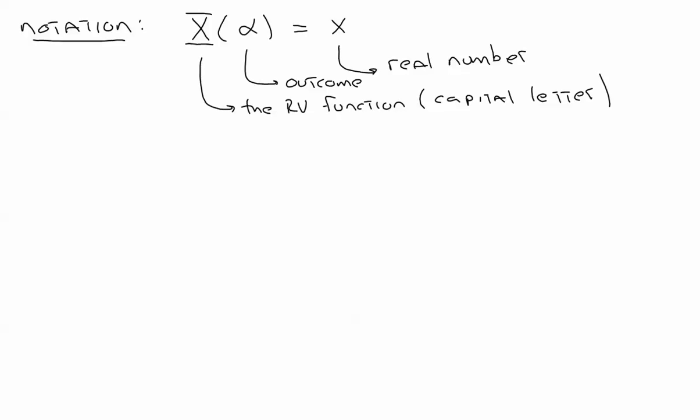All right. A couple of things to note before we move on and do some examples. After an experiment is performed, my random variable takes on specific values for each outcome.